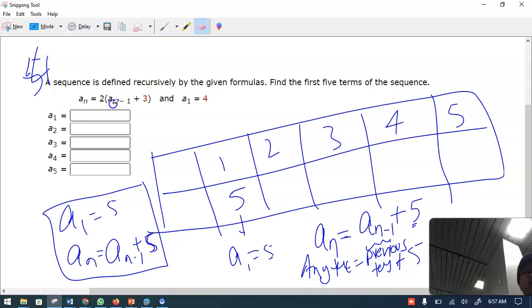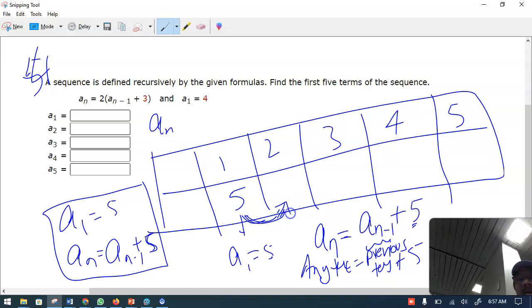So I'm going to expand this to show exactly what's happening here. Now remember this, the second one, a2, is a1 plus 5. Then the third position, a3, is a2 plus 5.